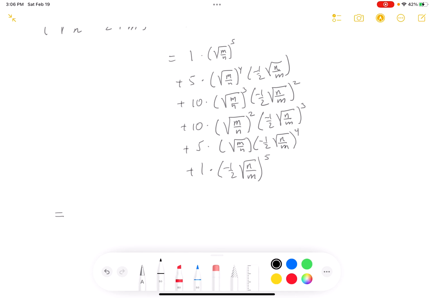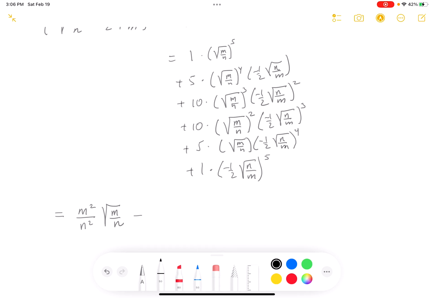So it's going to be equal. And that first term is going to be, let's see, m squared over n squared, root m over n. Let's keep going.